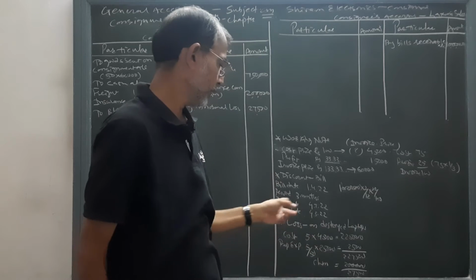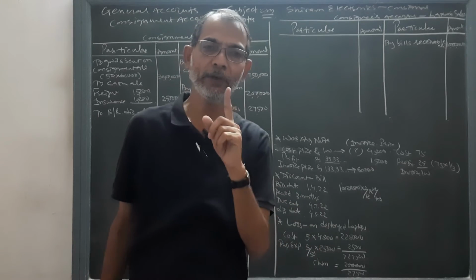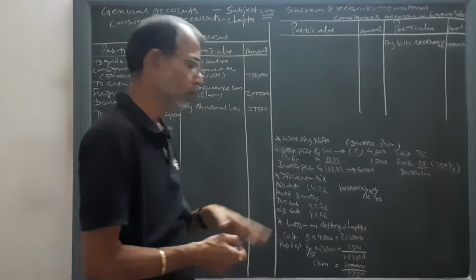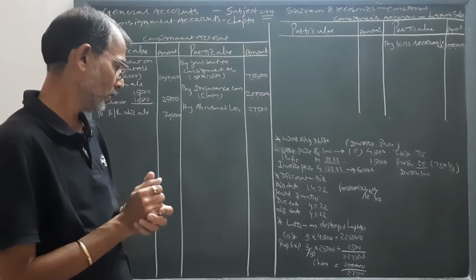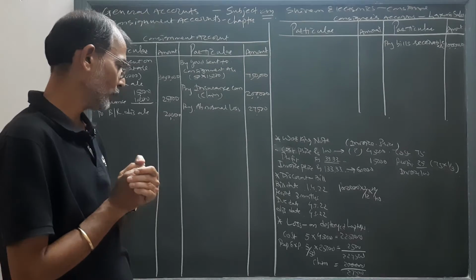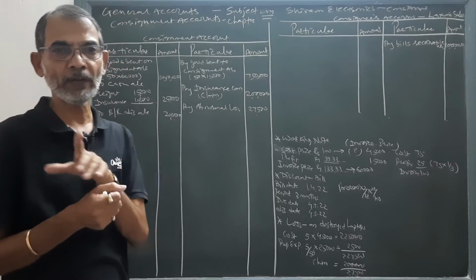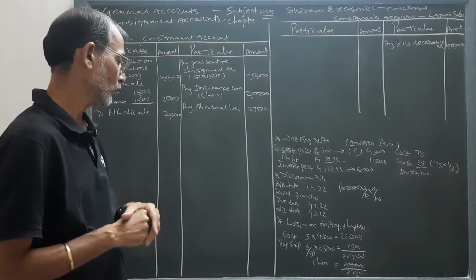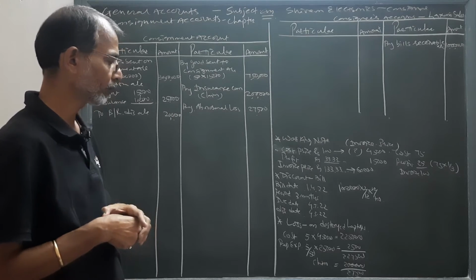Cost will be taken of the 5 laptops, 45,000 each, that is 2,25,000, and proportionate expenses of the consigner. He spent 25,000 on 50 laptops, so on 5 laptops it will be 2,500.